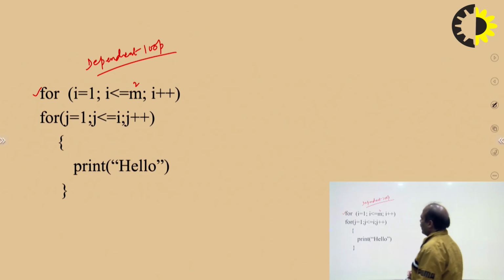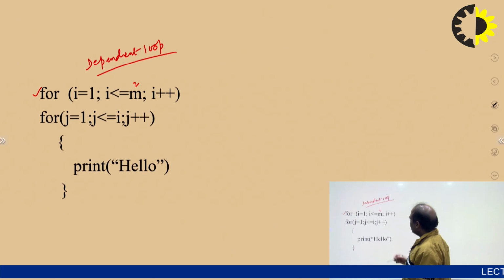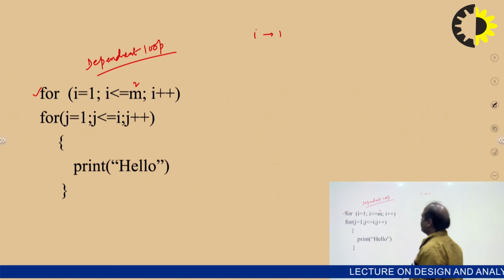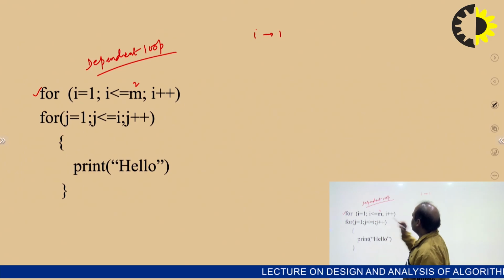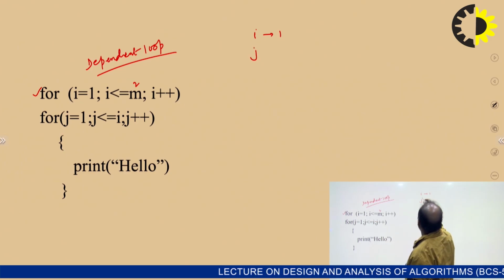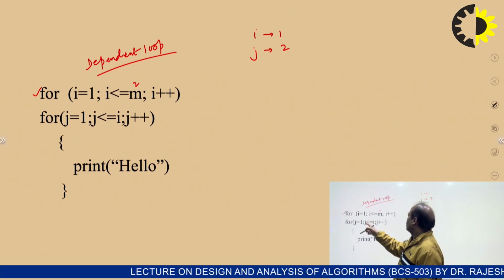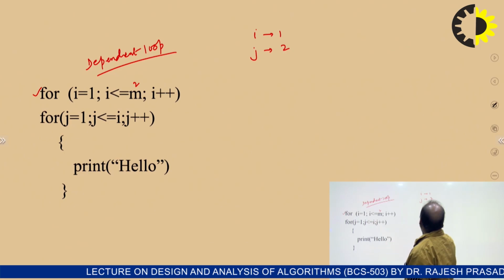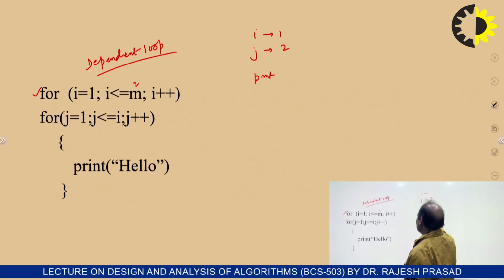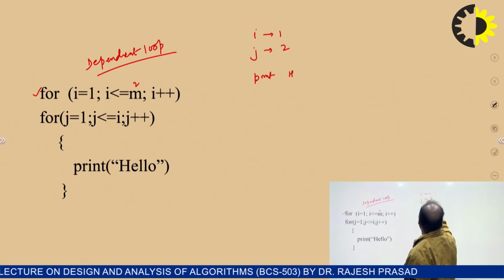If you run it, you start from i is 1, so j is 1 less than or equal to 1, correct. j is running 2 times, 1 and then 2. It will fail on 2. And print, of course, will print hello only 1 time.